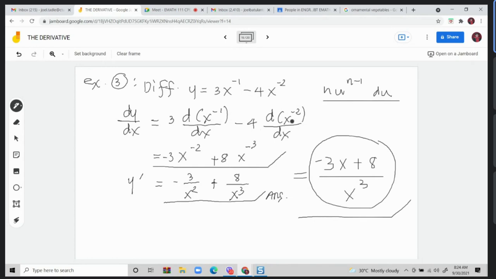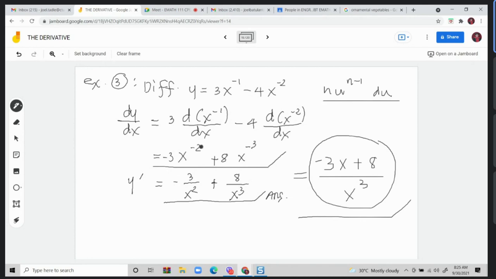Then the second term: negative 2 multiplied by negative 4 is positive 8. Then x copy, and n minus 1 is negative 2 minus 1, which is negative 3. So exponent negative 3. You can leave it as the answer, or write it as negative 3 over x squared plus 8 over x cubed.